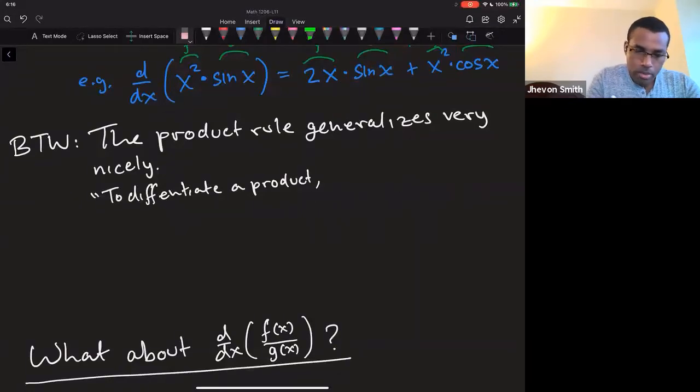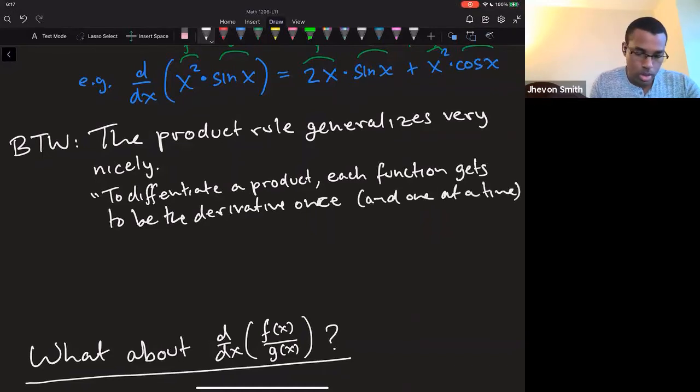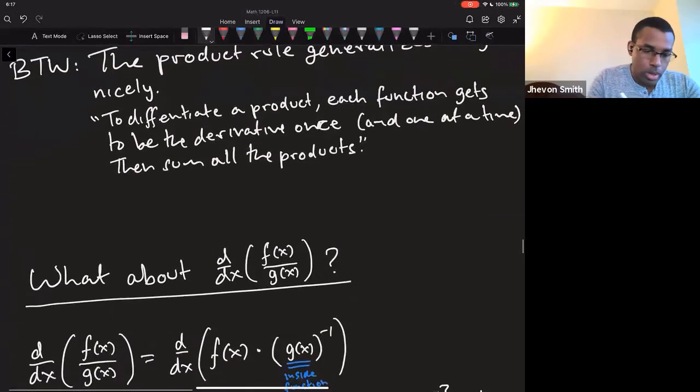Differentiate a product, I would say each function gets to be the derivative once and one at a time. Then sum all products. Now I am pretty sure that's confusing, so let me show you an example.